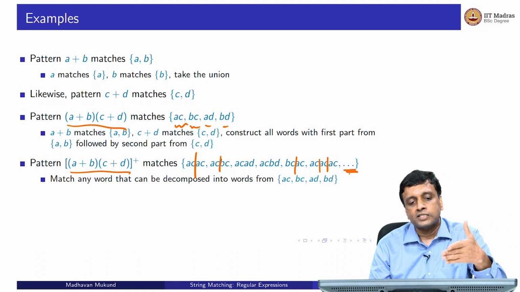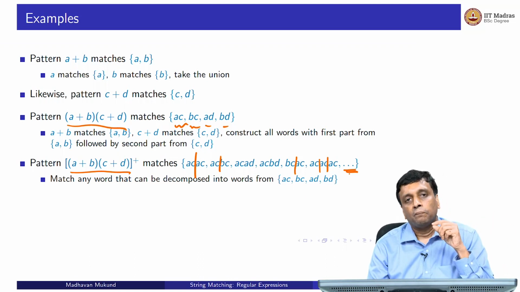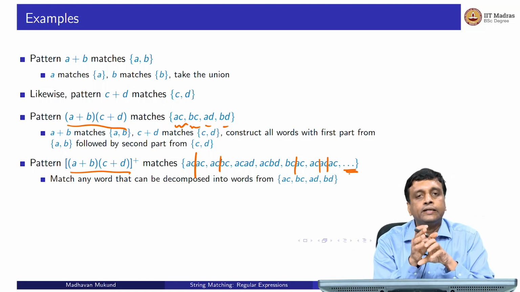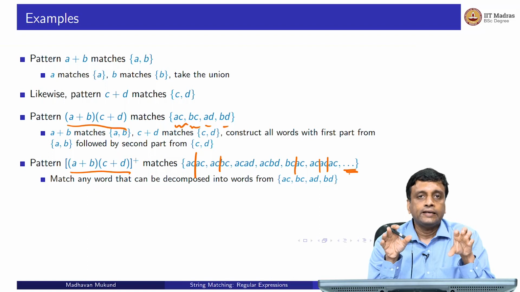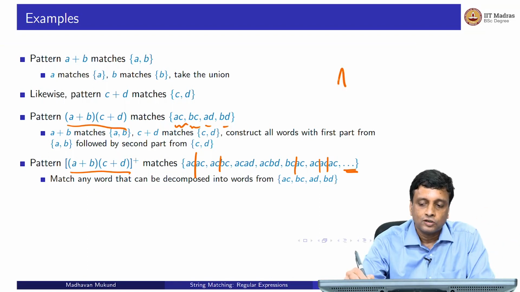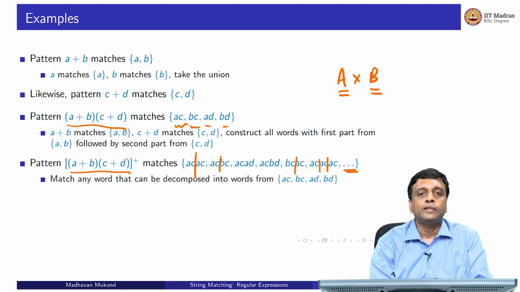When I start with single letters, I only have single letters. When I have plus, I only take 2 sets which are finite, so the union will be finite. If I take 2 finite sets and concatenate them, I have a cross product in some sense, if you remember the cross product notation. I have everything from one set combined with everything from the other set.